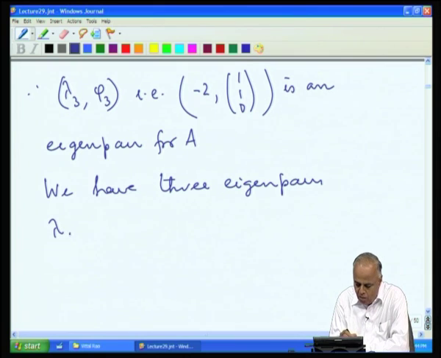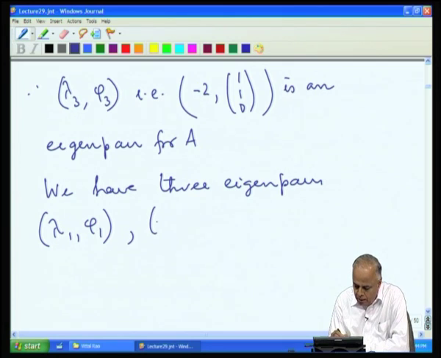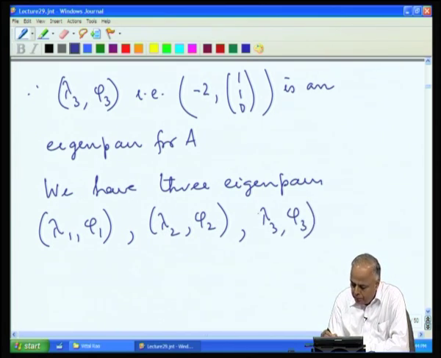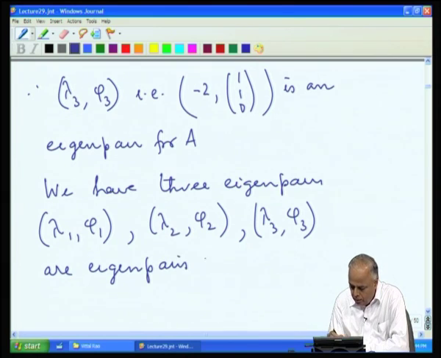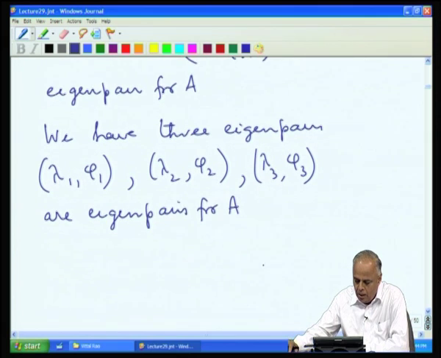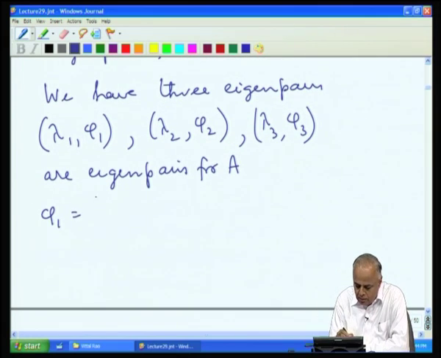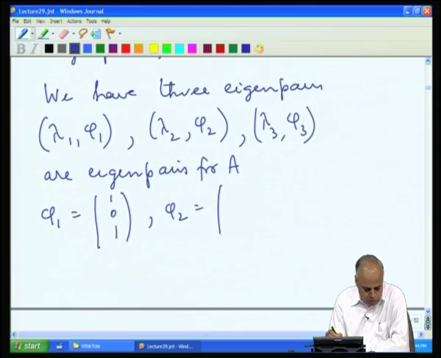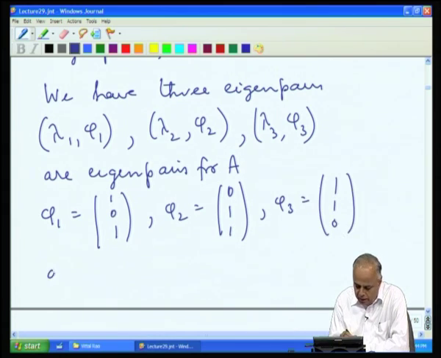What were they? Lambda 1 phi 1, where lambda 1 was 4 and phi 1 was 1 0 1, lambda 2 phi 2, where lambda 2 was 2 and phi 2 was 0 1 1, lambda 3 phi 3, where lambda 3 was minus 2 and phi 3 was 1 1 0, are eigenpairs for A, and phi 1, phi 2, phi 3 are clearly linearly independent.